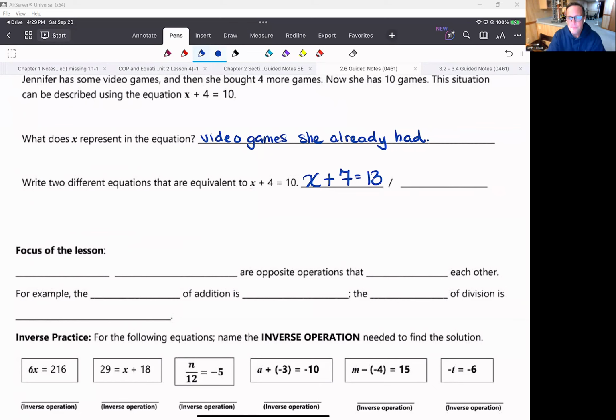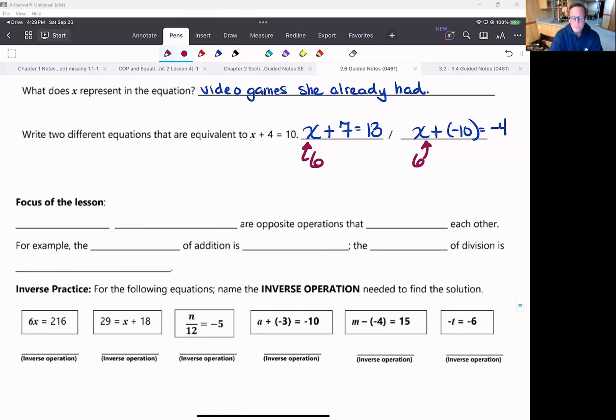Another one could be x plus negative 10, because 6 plus negative 10 is negative 4. We can put 6 into that equation and it is true, and we can put 6 into the other equation and it is also true. That is what we just did there.